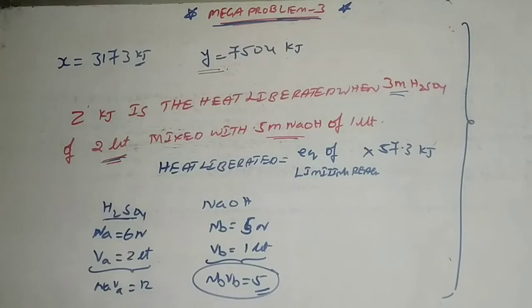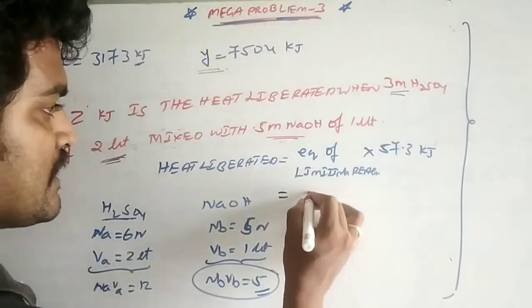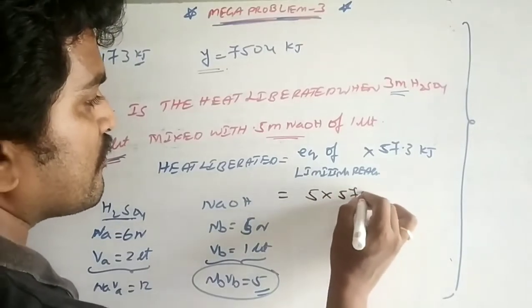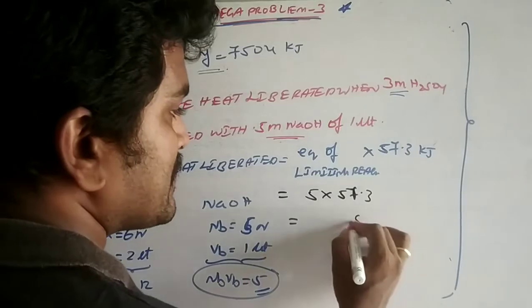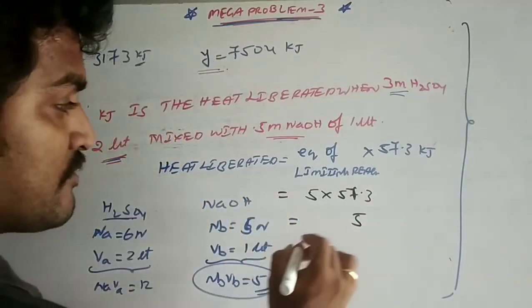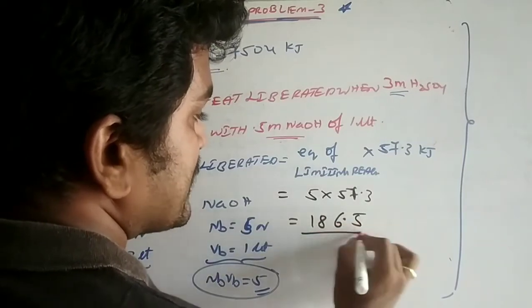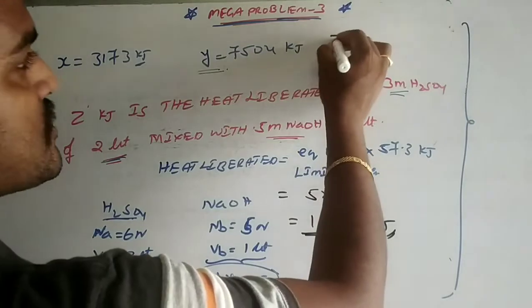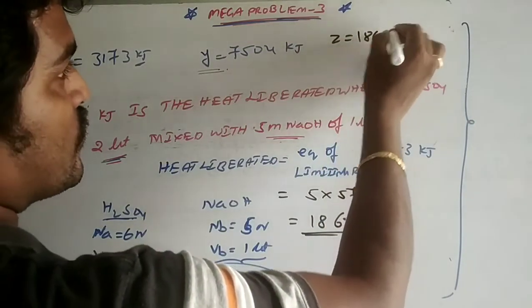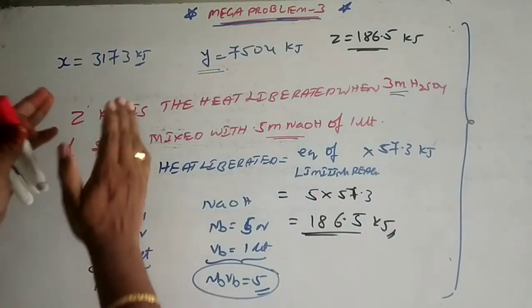Since this is the limiting reagent, substitute and find: equivalents of limiting reagent is 5 into 57.3. 5 into 57.3 means 5 3s are 15 will come. 286.5 kilojoules is the heat liberated. So Z equals 286.5 kilojoules. Like this, we have identified the first part.